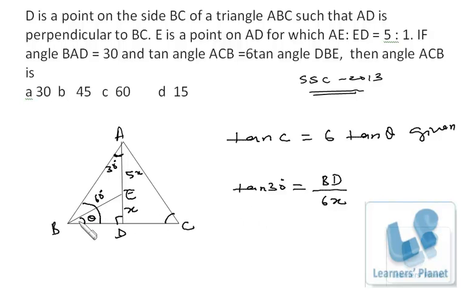And then we take triangle BED. So here tan theta is equal to perpendicular, that is x by base, that is BD, right? Perpendicular by base, this is angle theta. Now tan 30 degree is 1/√3.